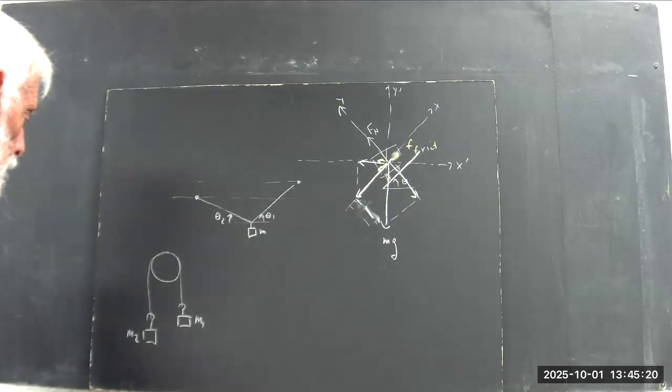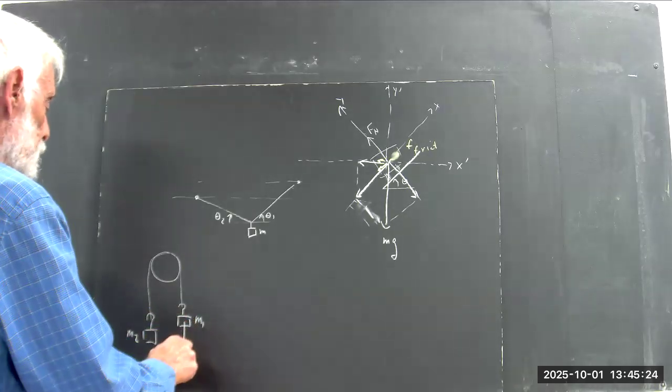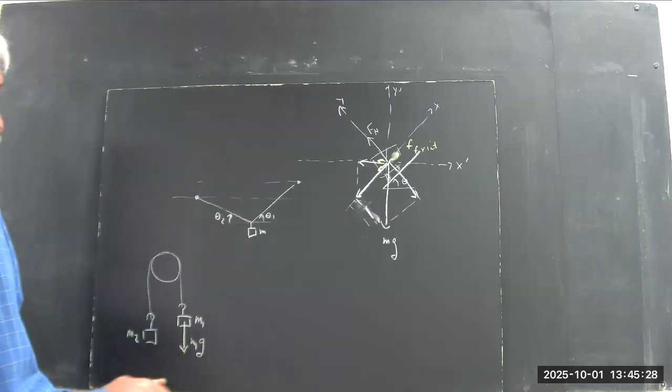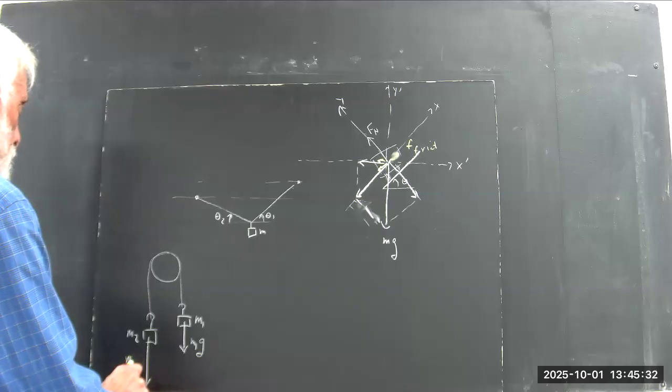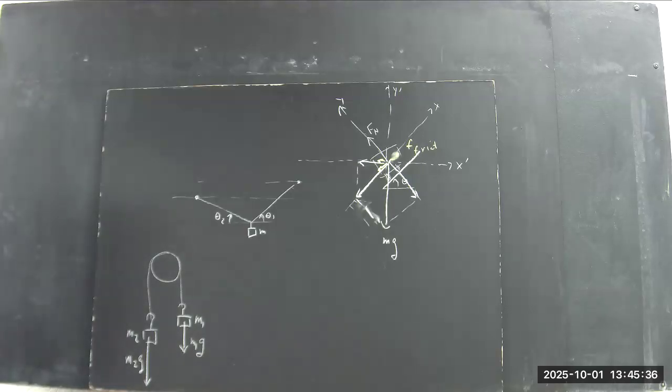What forces are acting on these 2 masses? You got M1G here. M2G here. Now, are both of those masses falling? Not unless your rope breaks.